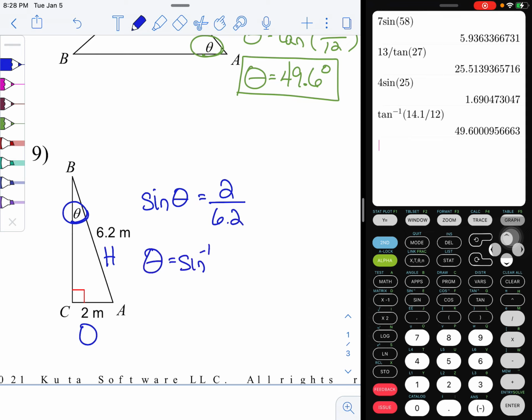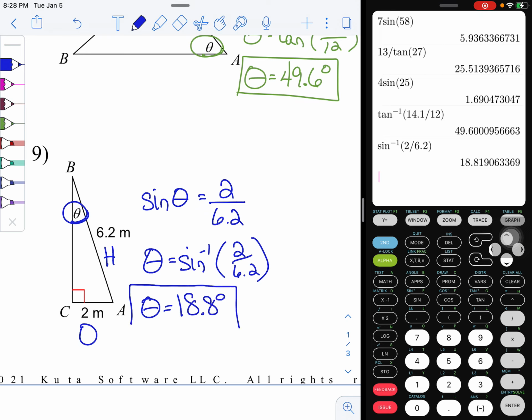Do the inverse sine of both sides. So theta is going to equal, into my calculator, the inverse sine of 2 over 6.2, close it, enter, and theta is equal to 18.8 degrees. A little itty bitty angle.